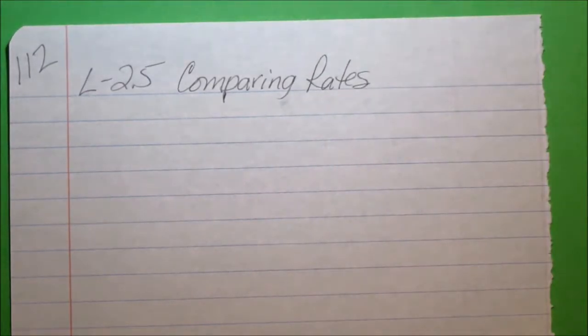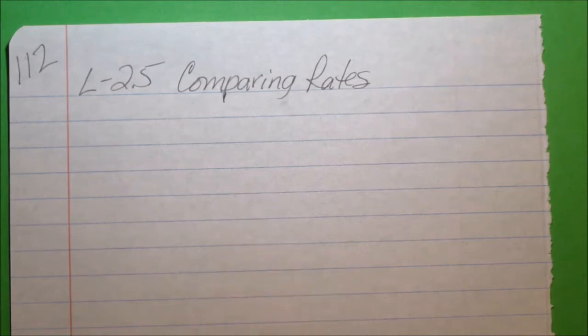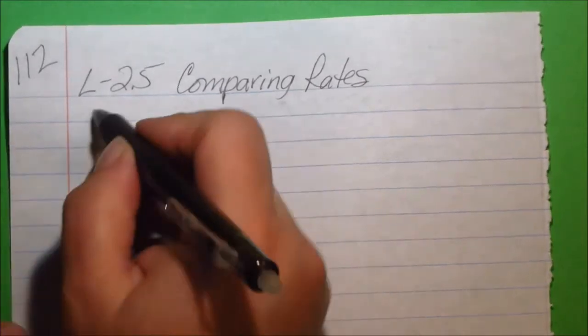There isn't anything really new in this lesson. It's all about making equivalent rates, and then you're just going to compare which one is less than or greater than in some form or another. So it should go pretty easy for you.